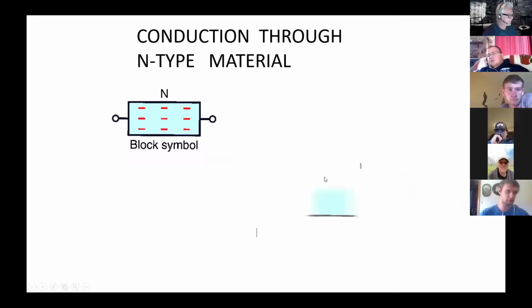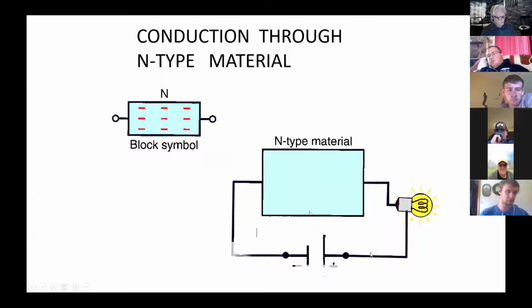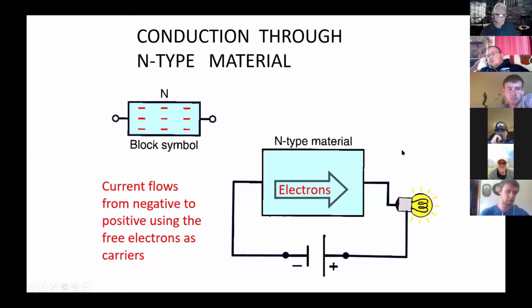And if you hook it up like this to a source, now see, they're showing the electron flow, electrons leaving from the negative and going through this way. Nonetheless, if we use the conventional flow theory and say that it's going this way, the light bulb still comes on, so it doesn't really matter.